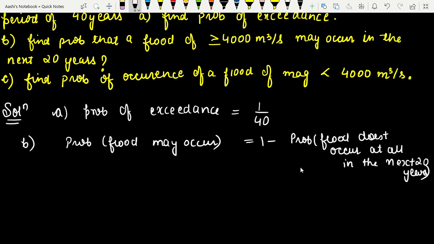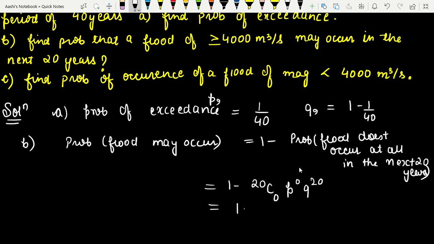Using the binomial expression. So 1 minus 20C0 p to the power 0 q to the power 20, where p, small p, is the probability of occurrence and small q is equal to 1 minus 1 by 40, non-occurrence. So here also I can write 1 minus (1 minus 1 by T) whole to the power 20 and T is 40.